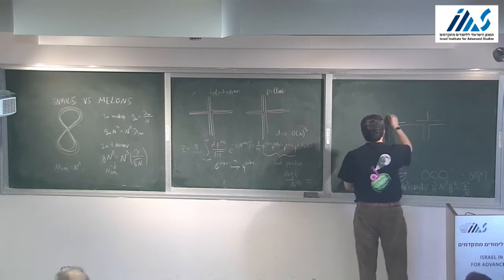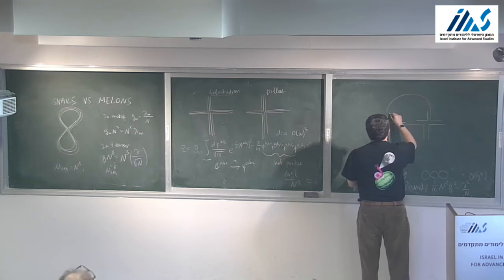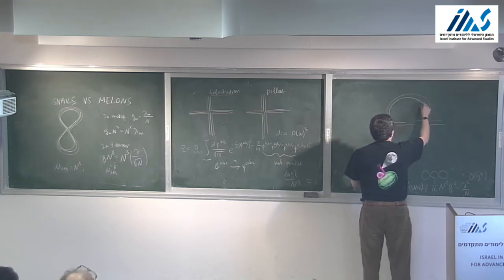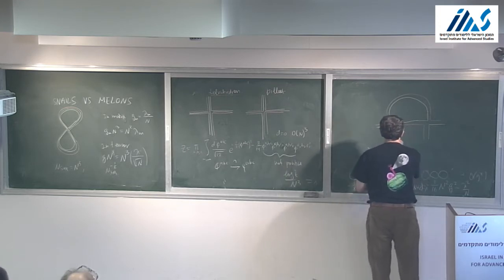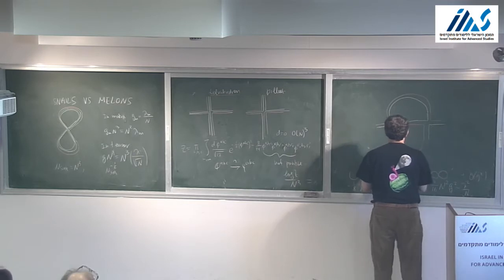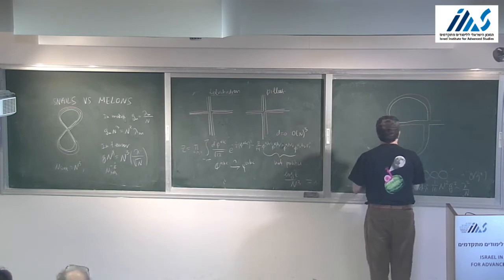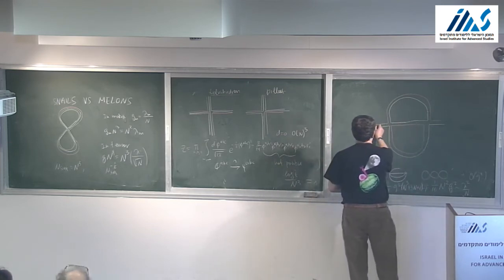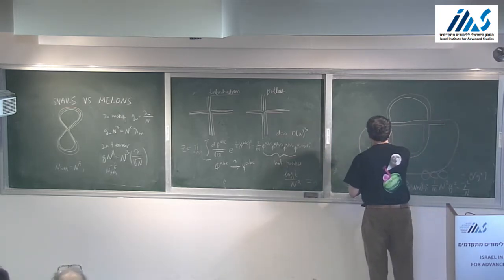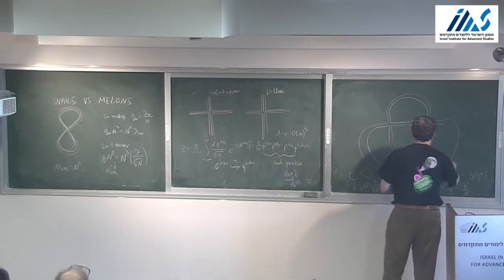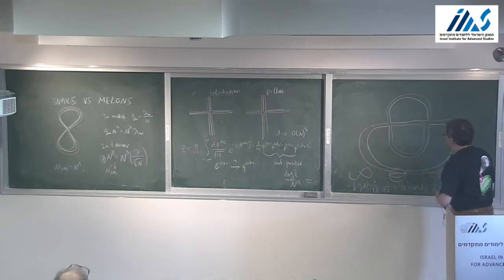I think this one has to go, and this one goes like this. Okay, and then this is connected in this fashion. Right, so this is the graph that we get in the matrix model, right?